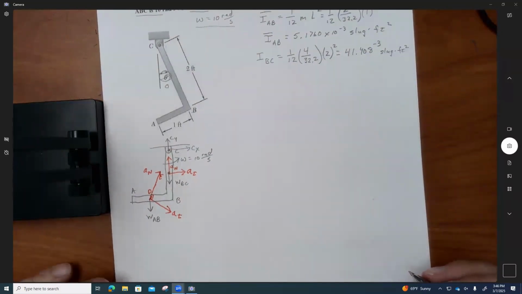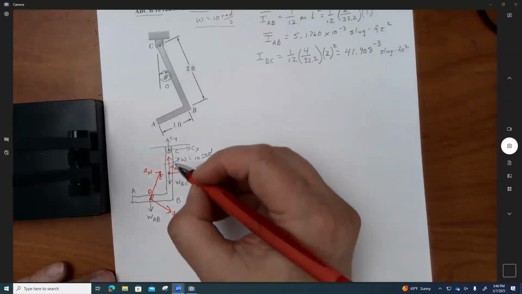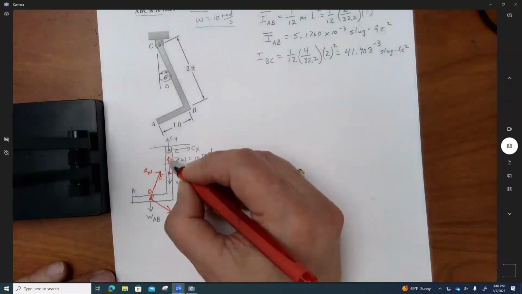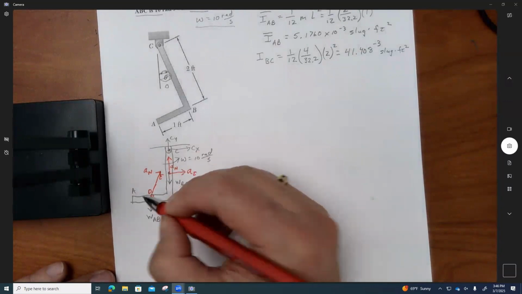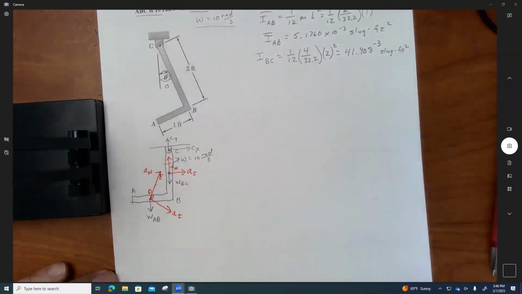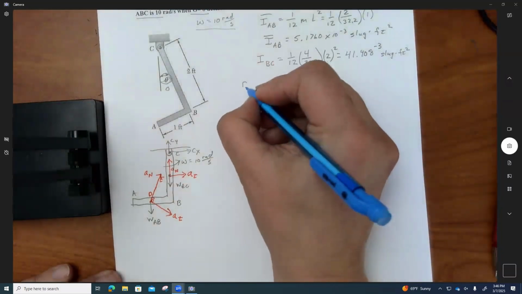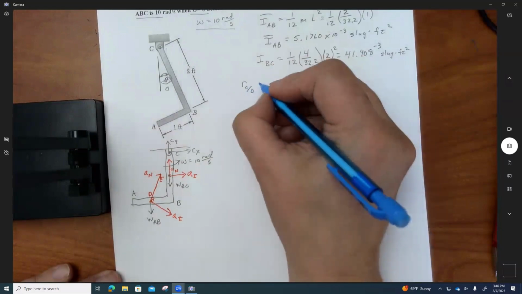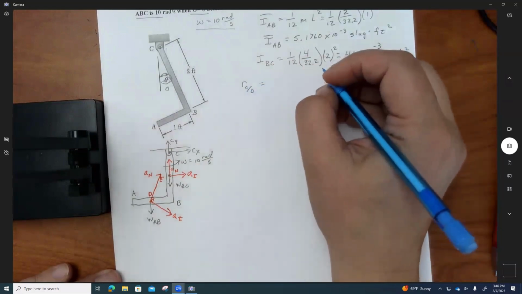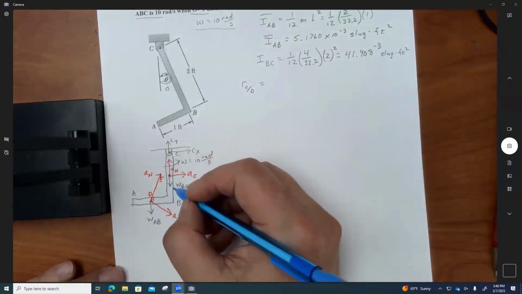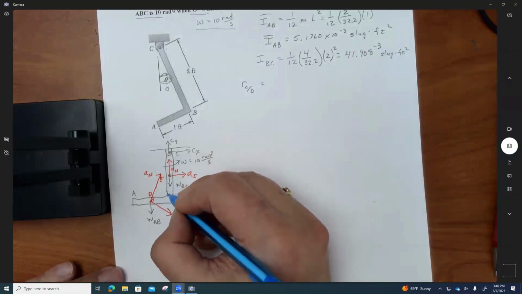It would be helpful to figure out the lengths of my C with respect to E and my C with respect to D. If I do that, I'm going to have R of C with respect to D, and I can just do a Pythagorean type of theorem here, where I am going to have a right angle right here.